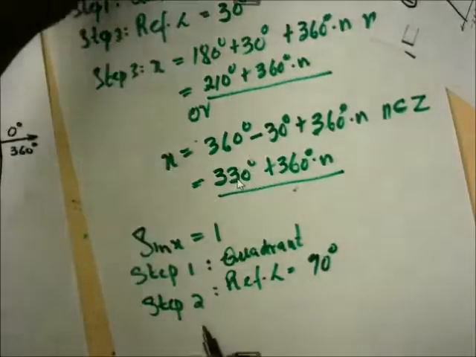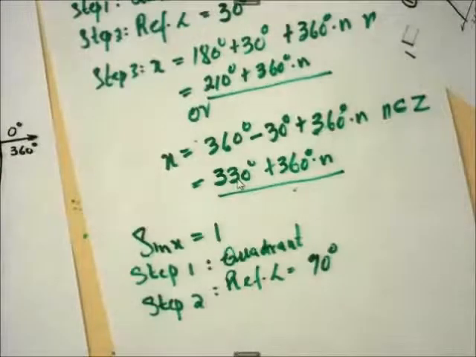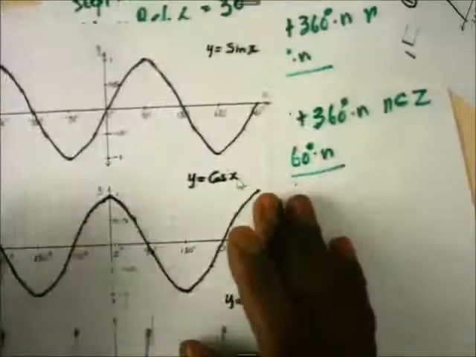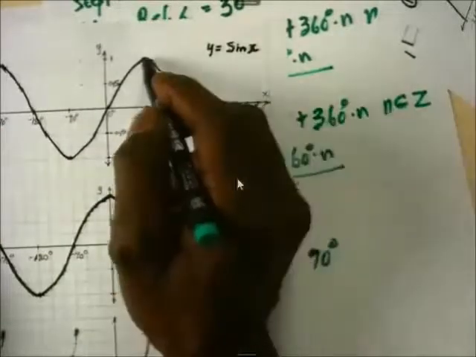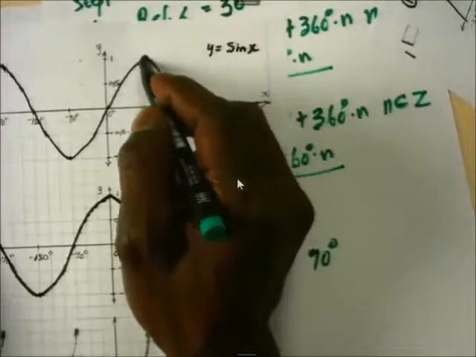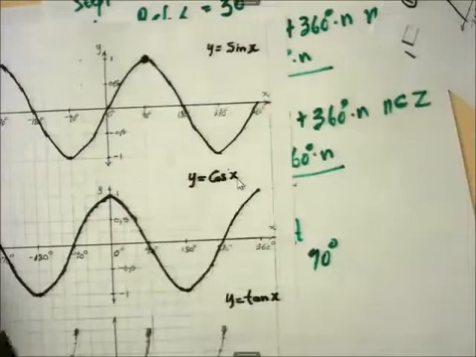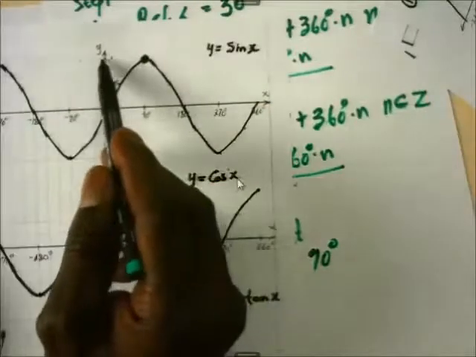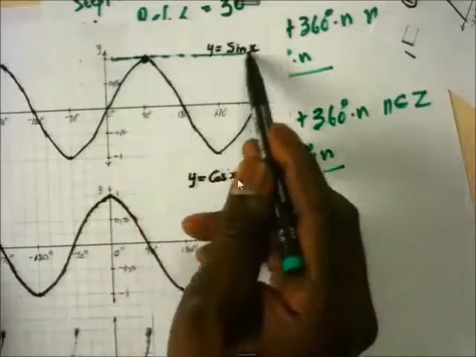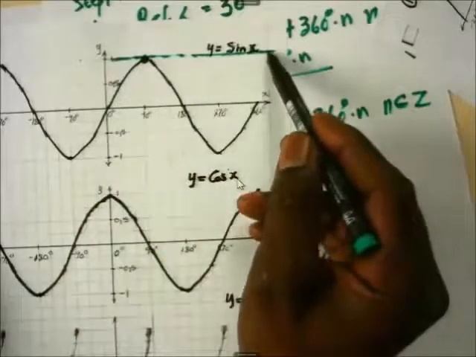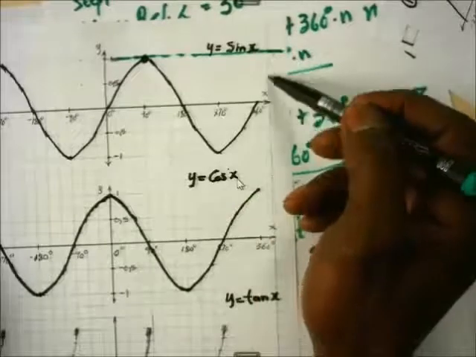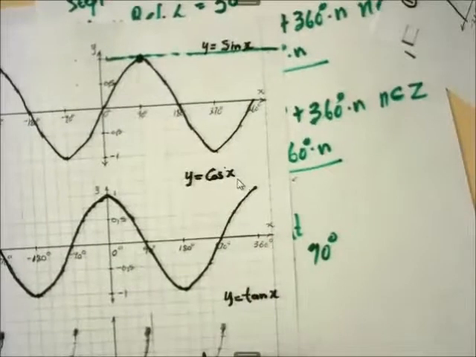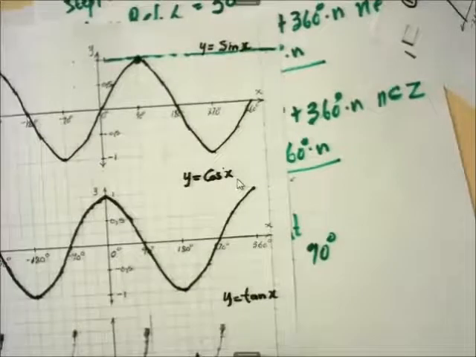Now, if we look at our sine graph here, the reference angle is there. We look at that and we draw the line there. It seems like we are going to have the value that is more than 360. So we should be comfortable with 90 degrees only.